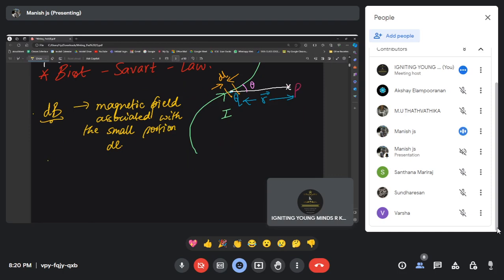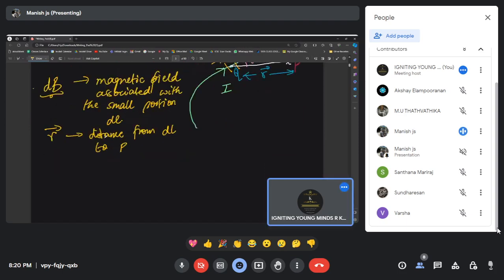And what about r? r is nothing but your displacement vector. The distance from the point of interest is r, so it is the distance from dl to point P. Then I is nothing but the current in the conductor.